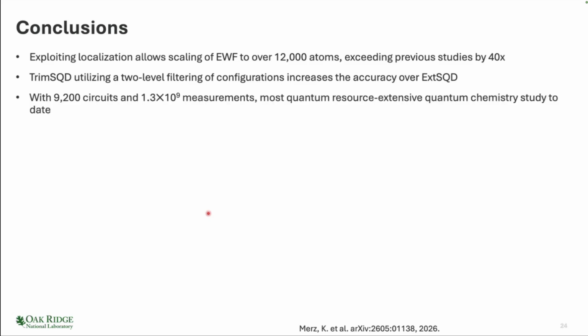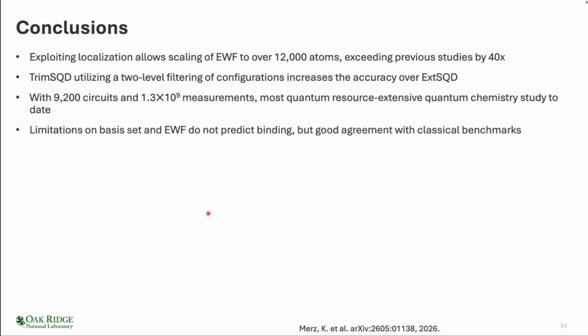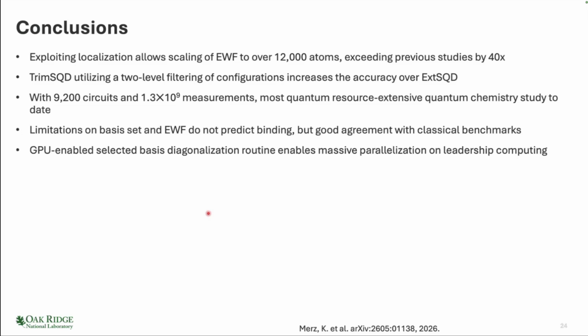With 92,000 circuits and 1.3 billion measurements, this stands as the most quantum resource intensive quantum chemistry study to date. Limitations on the basis set and the embedding do not predict binding, but they're in good agreement with classical benchmarks. And this GPU-enabled selected basis diagonalization routine enables massive parallelization on leadership computing.